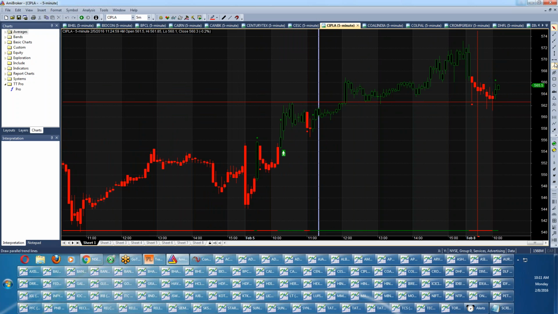Cipla, we have a buy alert. Your stop losses will be very small here. So that is one of the advantages.